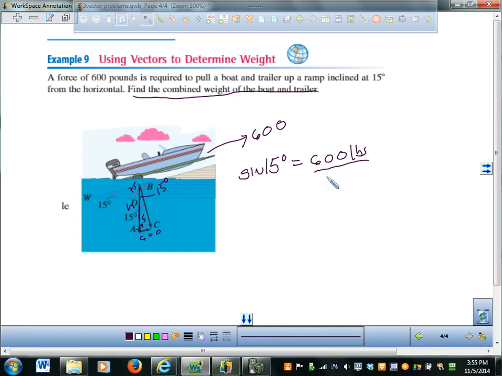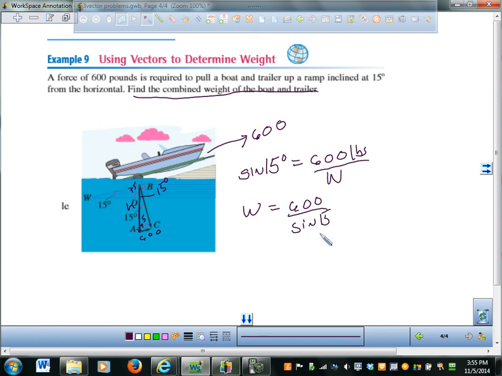And we could call that, I don't know, W, the combined weight of the boat and the trailer. And then you can solve this algebraically. Multiply both sides by W, divide both sides by sine of 15, and you get W equals 600 divided by sine of 15.